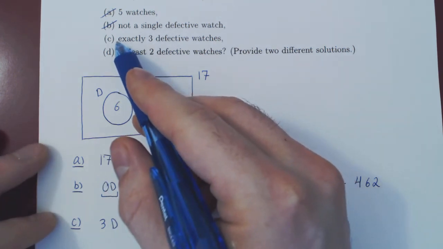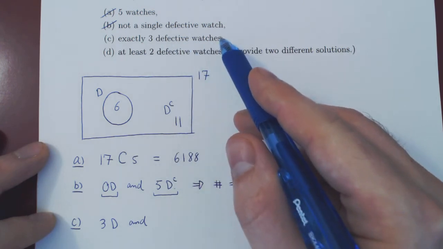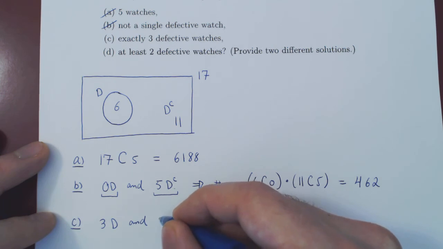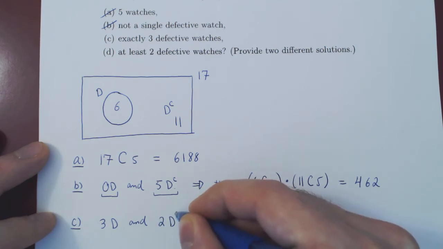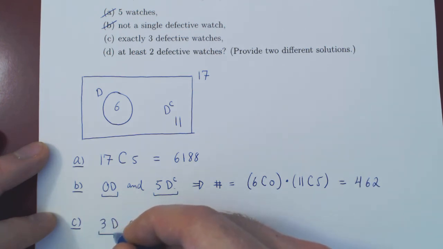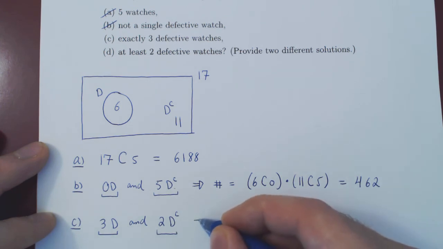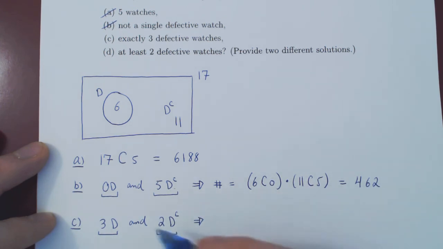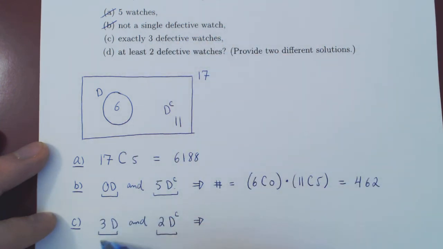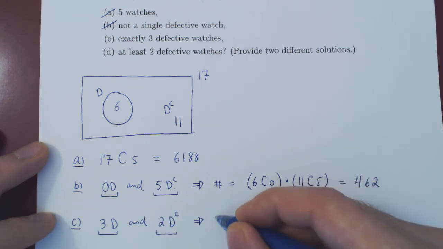So if we are saying exactly 3 defective watches, it means 3 defective watches and, of course, 2 non-defective watches. Because in total we are always choosing 5 watches.